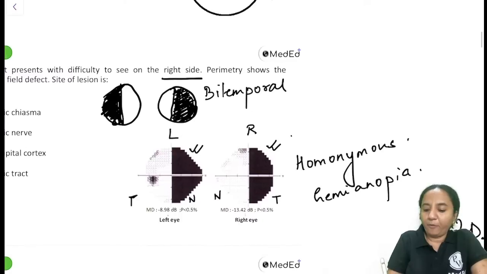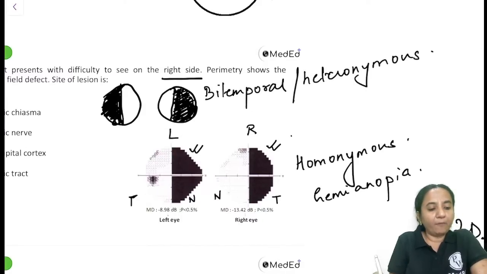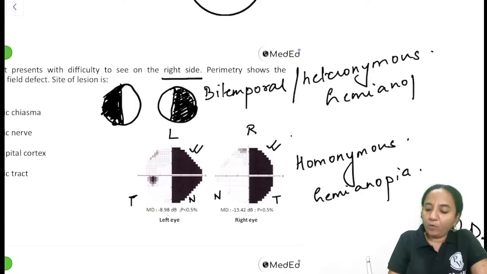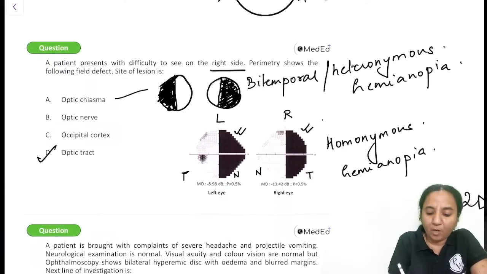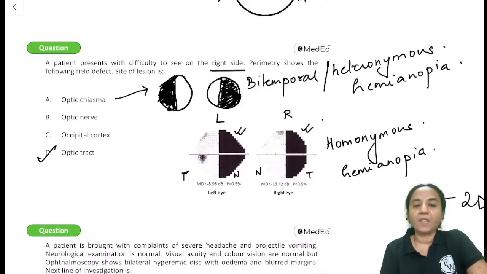The other name for bitemporal hemianopia is heteronymous hemianopia. And where do we get bitemporal or heteronymous hemianopia? When the site of the lesion is the optic chiasma, where the temporal field of both eyes is lost.